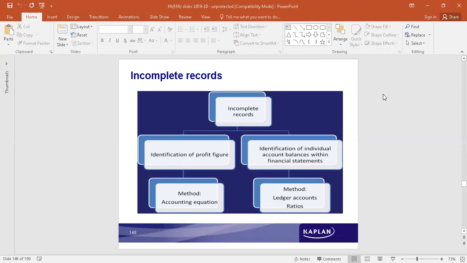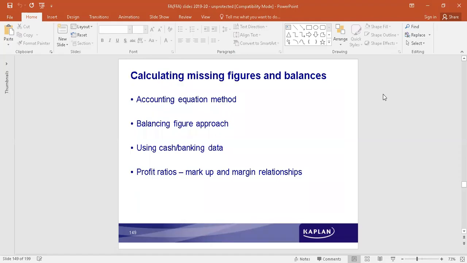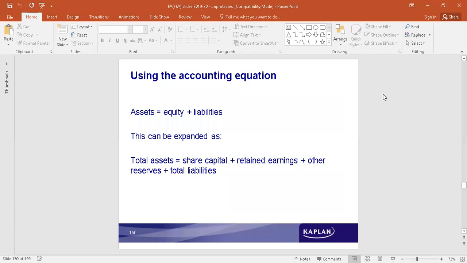So elaborate that equation, fit all the information that is available. Anything which is missing can be identified from the accounting equation, or use the ledger account method and then find out.